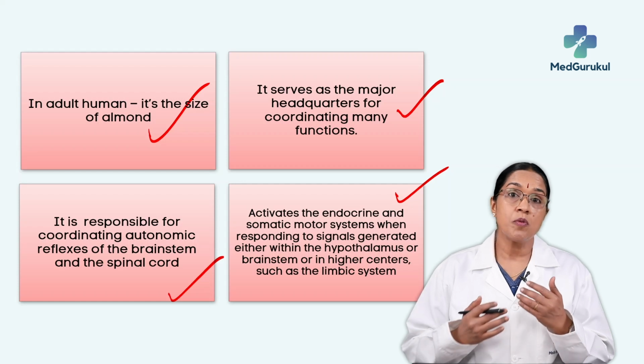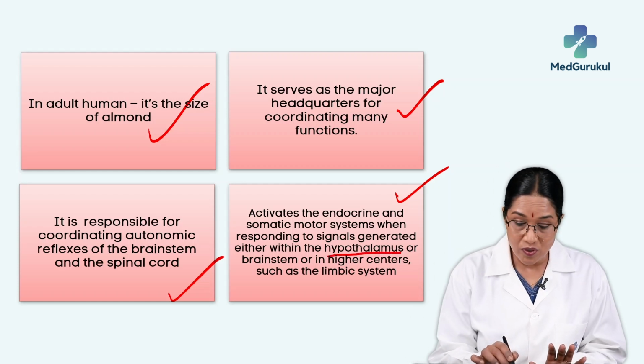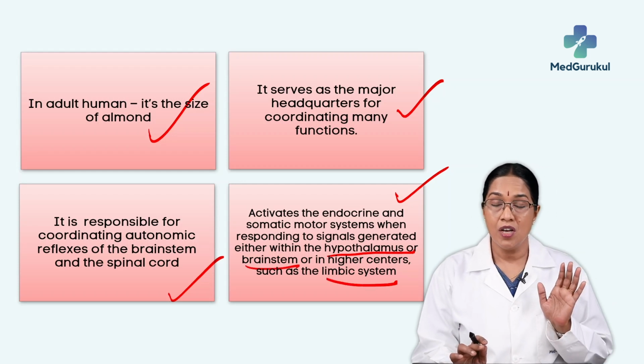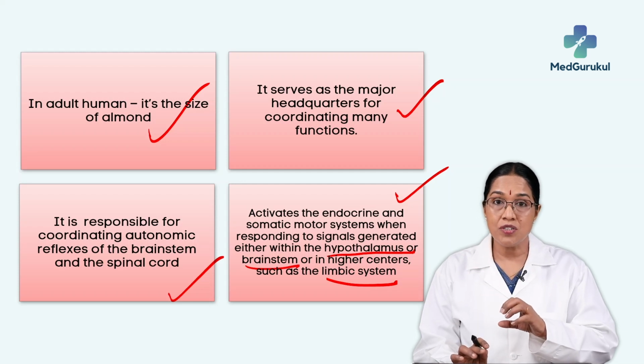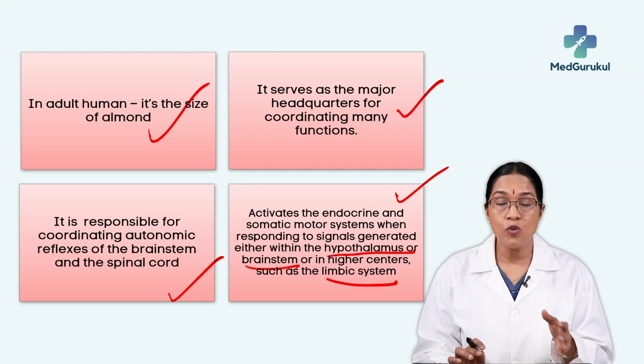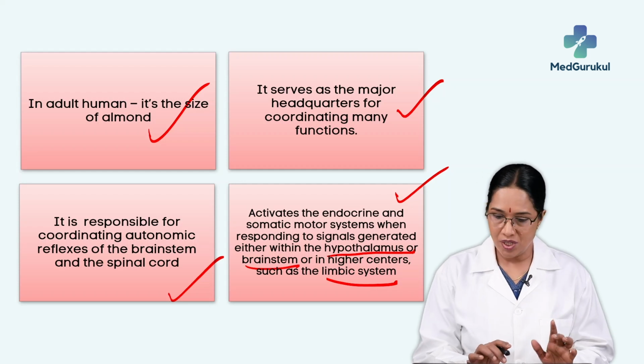That is the response of the hypothalamus to the impulse it receives within the hypothalamus or the brainstem or any other higher centers such as the limbic system. The response to all these structures is going to be an endocrine response or a somatic motor system response, which is mediated by the hypothalamus.